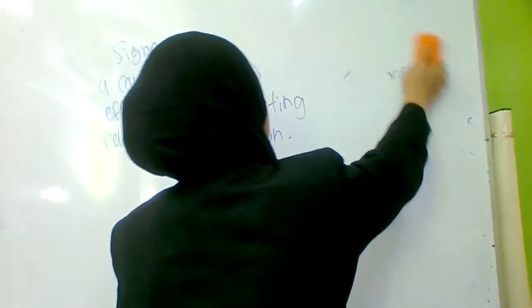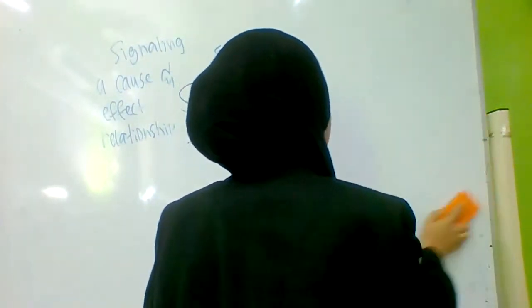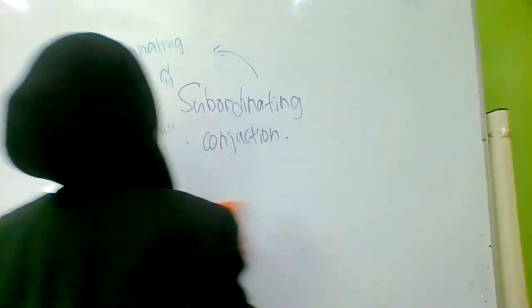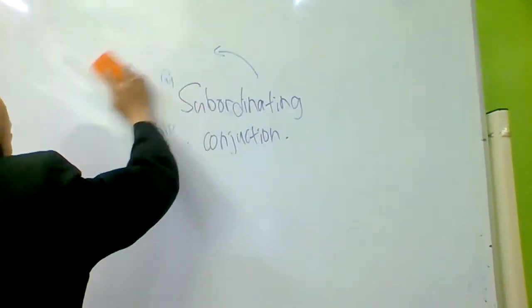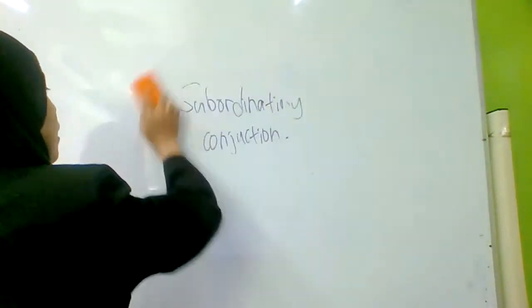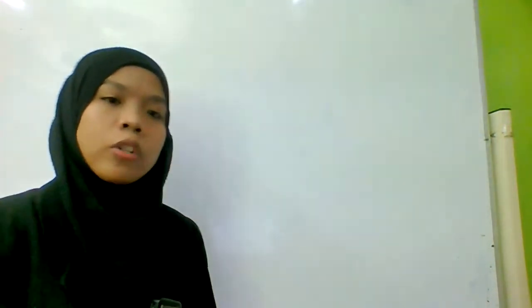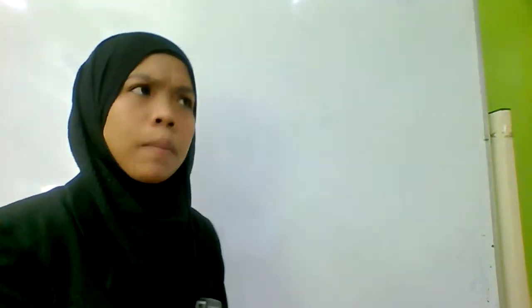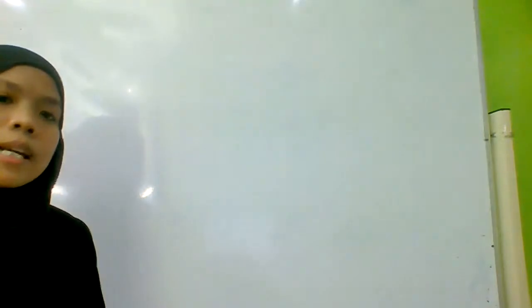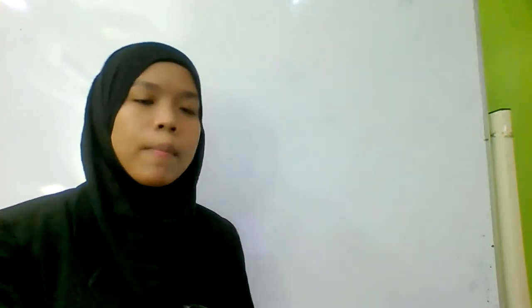Subordinating conjunctions are totally different from correlative conjunctions. The difference is the types. Conjunction is a big topic, and it separates into three parts. First is coordinating conjunctions, which I already mentioned as FANBOYS.